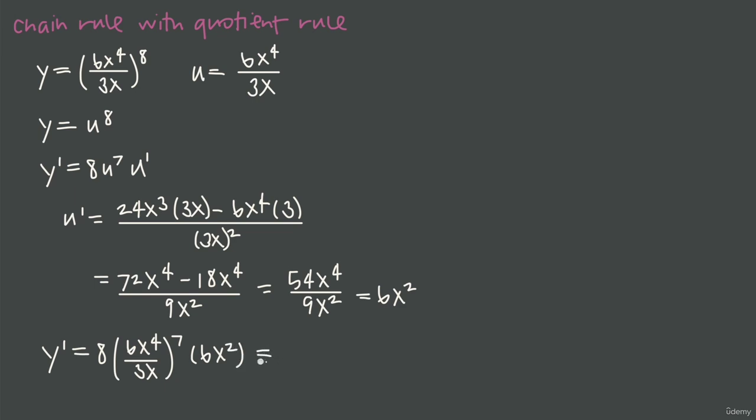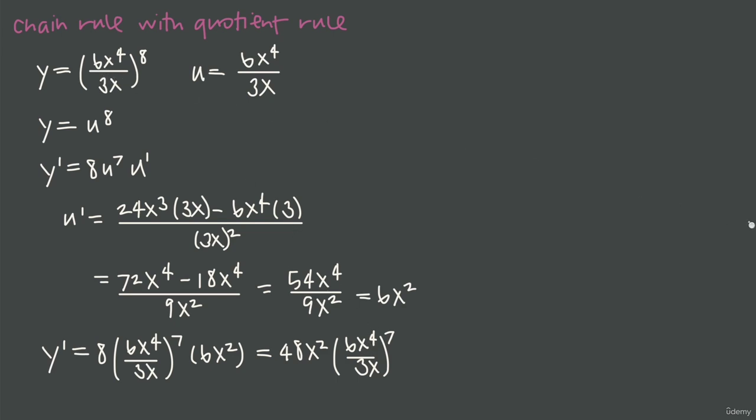If we simplify just by pulling the 6x squared out to the front, 6 times 8 is 48, so we get 48x squared multiplied by 6x to the 4 over 3x raised to the power of 7. And that is our derivative function. Of course, we could simplify what we have inside the parentheses and then simplify further by raising that to the power of 7 and combining everything, but this is our derivative function based on the original function we had here for y.